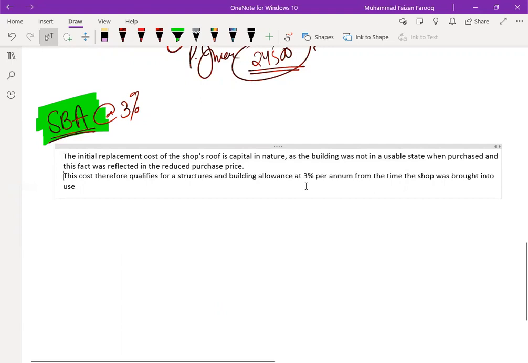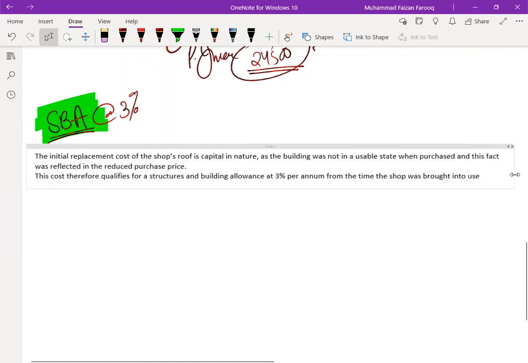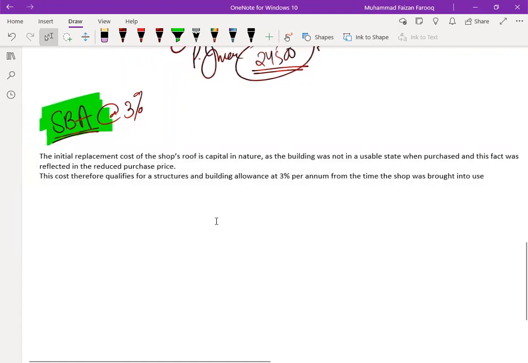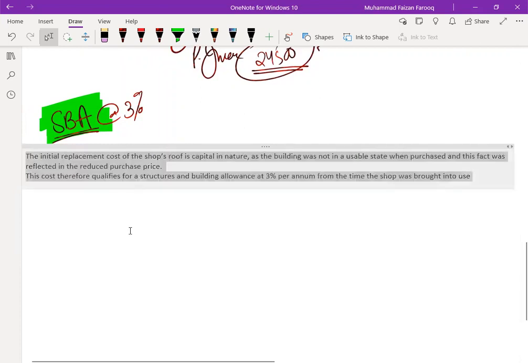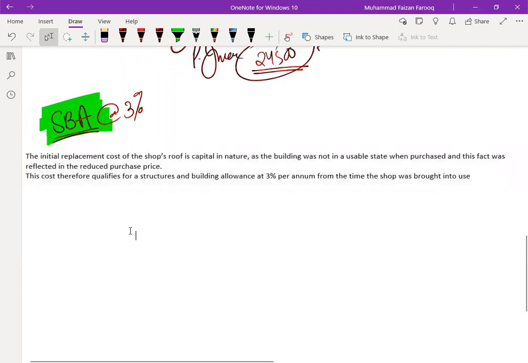This allowance will be applied only if you spend some money in order to bring a property into usable condition. It means you bought a property which is not in usable form.